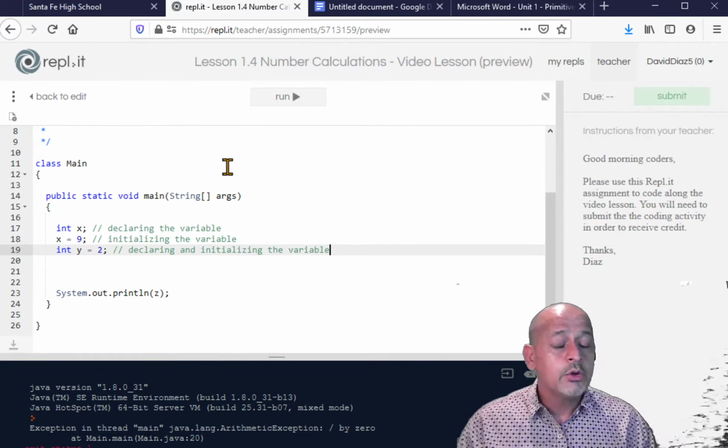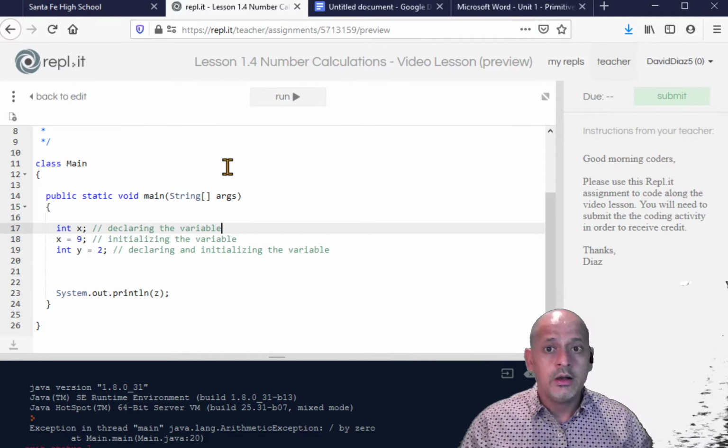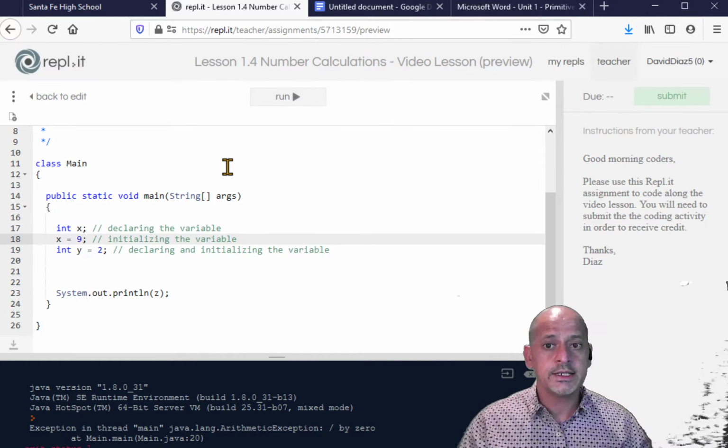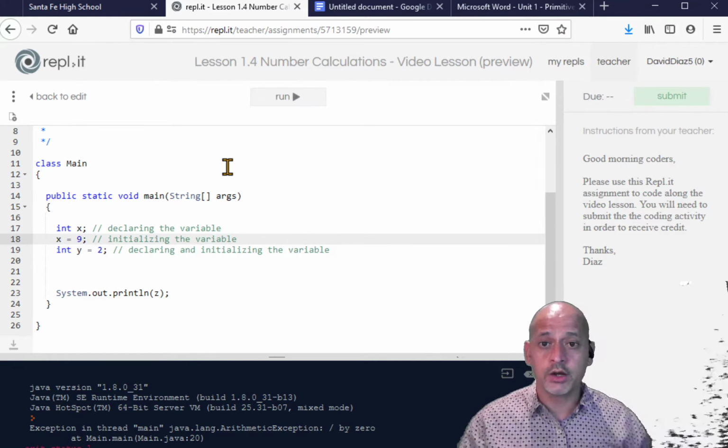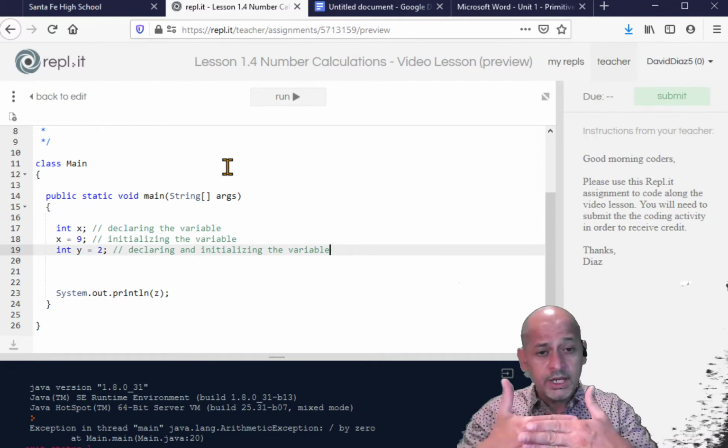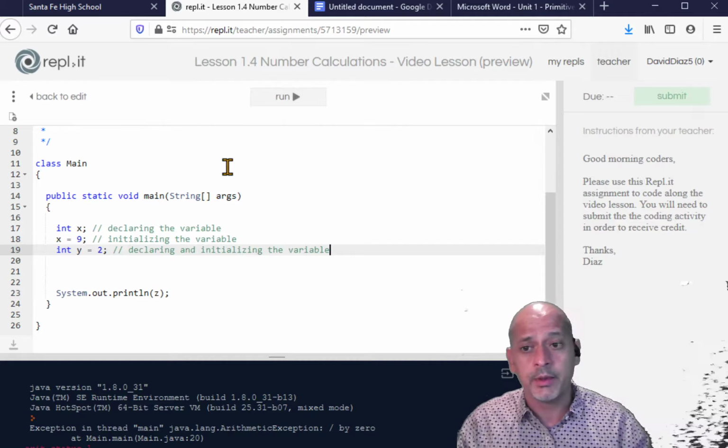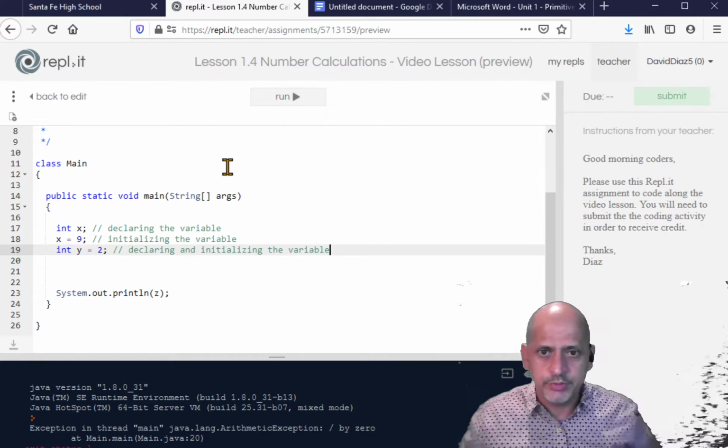So you want to be able to know the terminology: declaring, initializing. In this case, we're doing two things at once. We are going to declare it, and we're going to initialize it in the same step. Keep that there, so you don't forget.